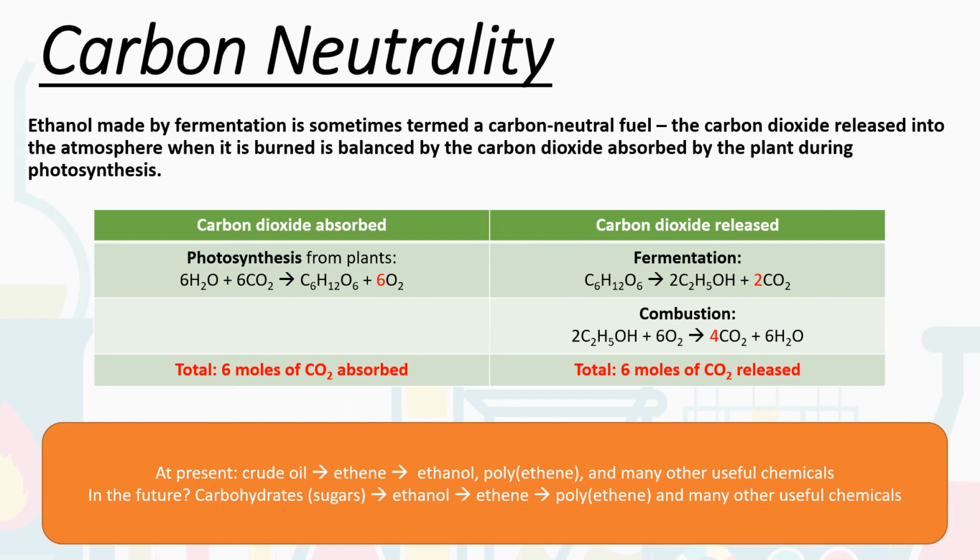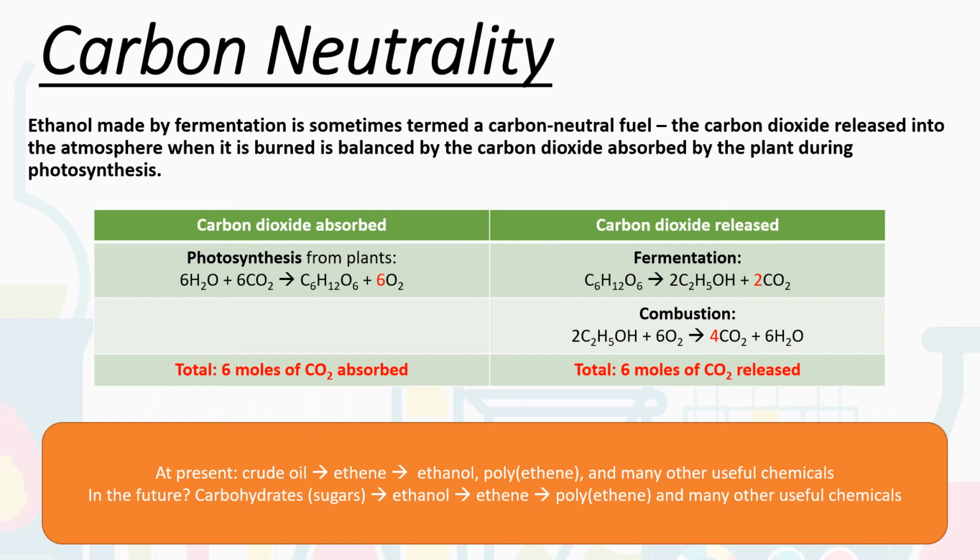So as I said on the previous slide, the ethanol that we make by fermentation is sometimes called a carbon neutral fuel. And so I said that there was no net production of CO2. The carbon dioxide that you release into the atmosphere when this ethanol is burnt is balanced completely by the carbon dioxide that was absorbed during photosynthesis. So the photosynthesis, remember, takes water and carbon dioxide and converts it into glucose and oxygen.